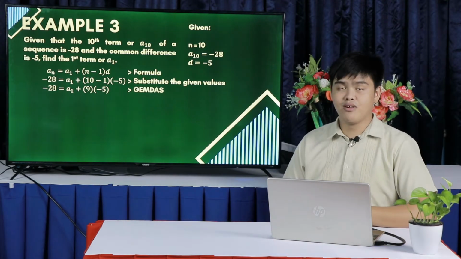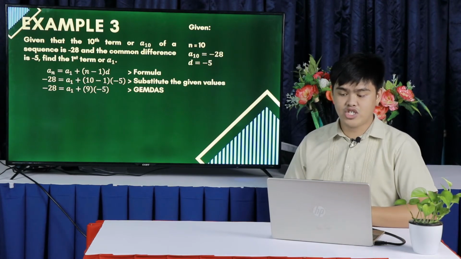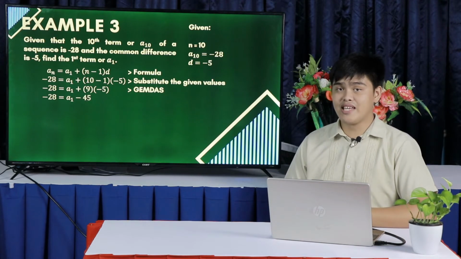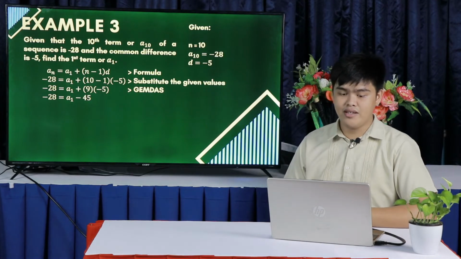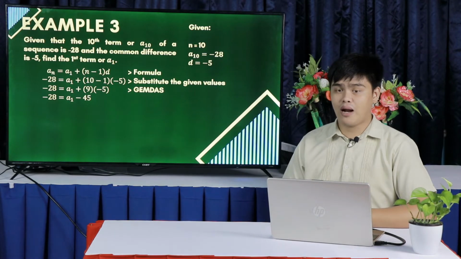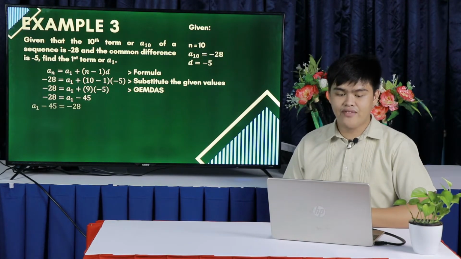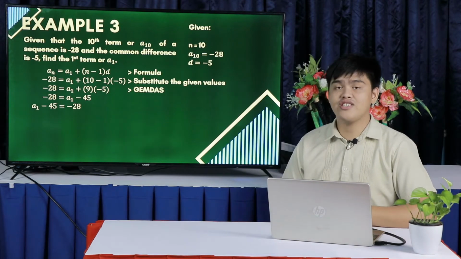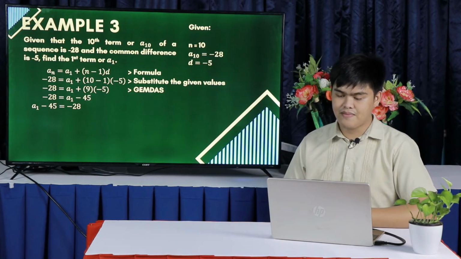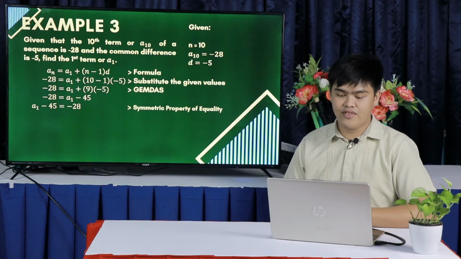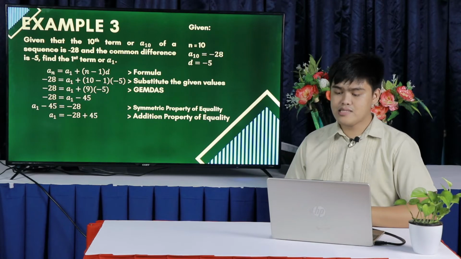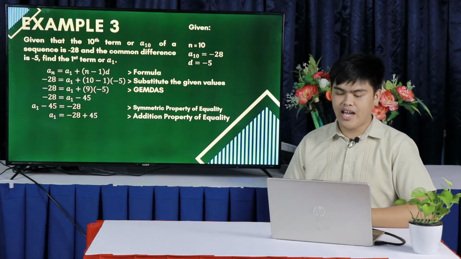We then do the multiplication operation, which gives us negative 28 is equal to a sub 1 minus 45. By the symmetric property of equality, we have a sub 1 minus 45 is equal to negative 28. By the addition property of equality, we have a sub 1 minus 45 plus 45 equals negative 28 plus 45.